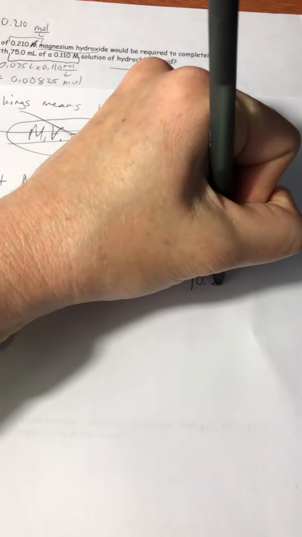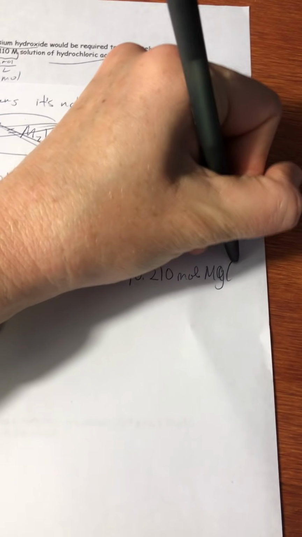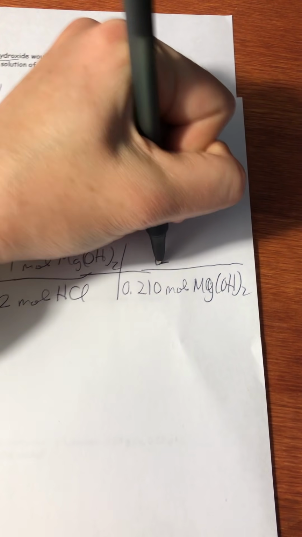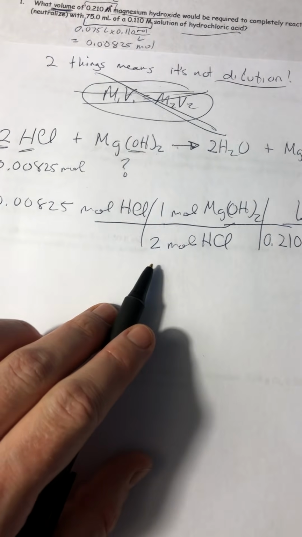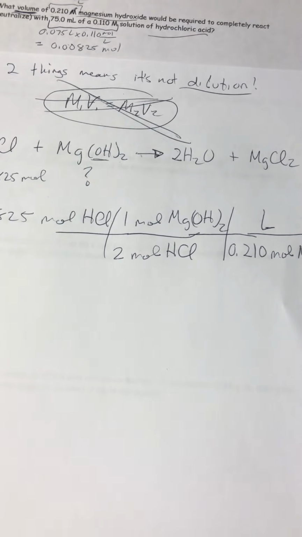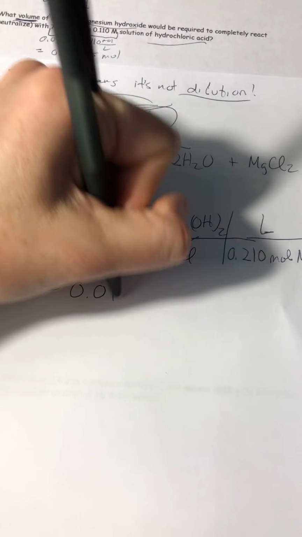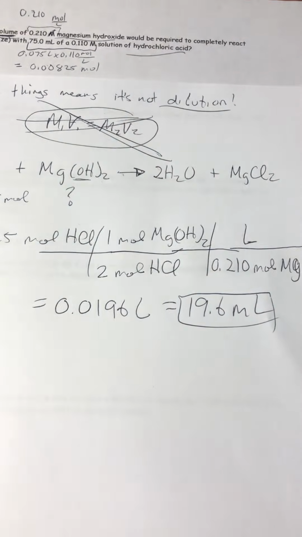There's 0.210 mole of magnesium hydroxide in a liter of magnesium hydroxide. If you take 0.00825 divided by 2 divided by 0.210, you get an answer of 0.0196 liters, which would be 19.6 milliliters.